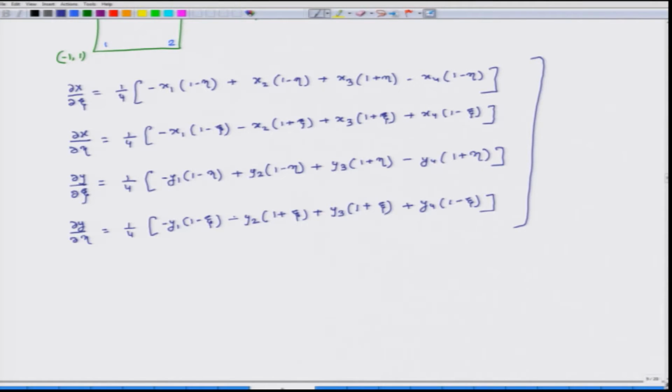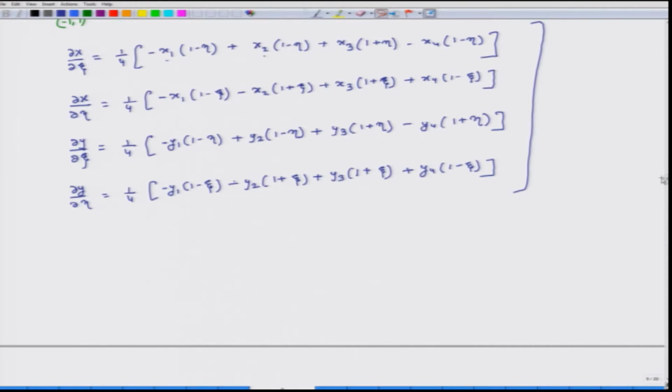So, these expressions do not change from element to element. The only thing which changes is the values of x1, x2, x3, x4, y1, y2, y3, y4. Okay. So, now using these formulas, we will find out the value of the Jacobian for each of the 3 cases.